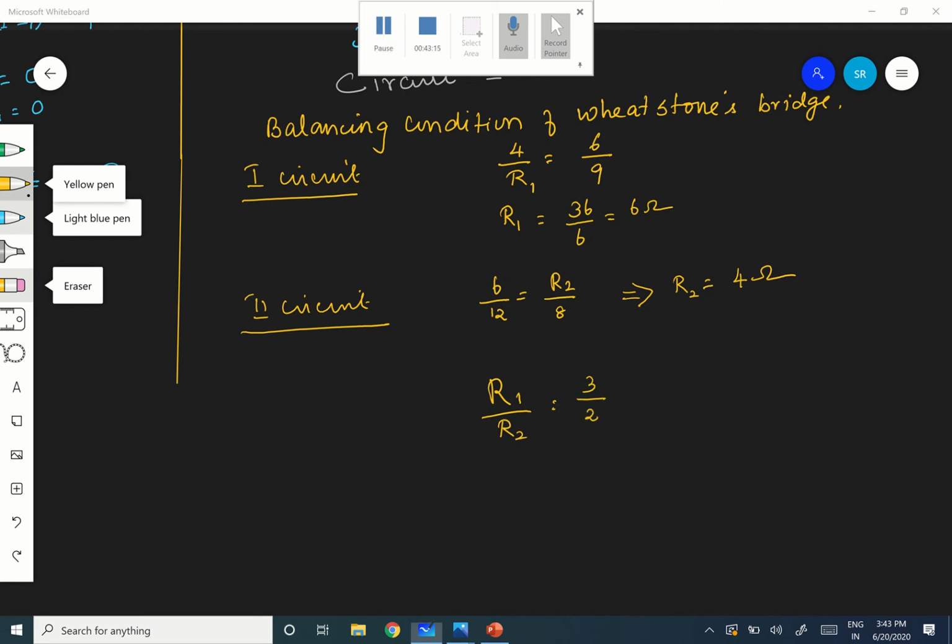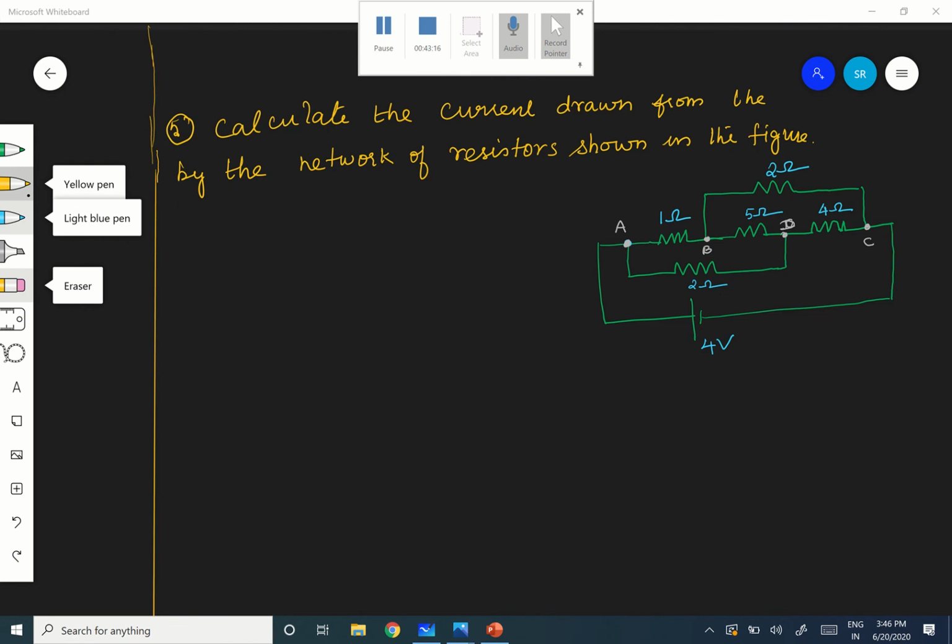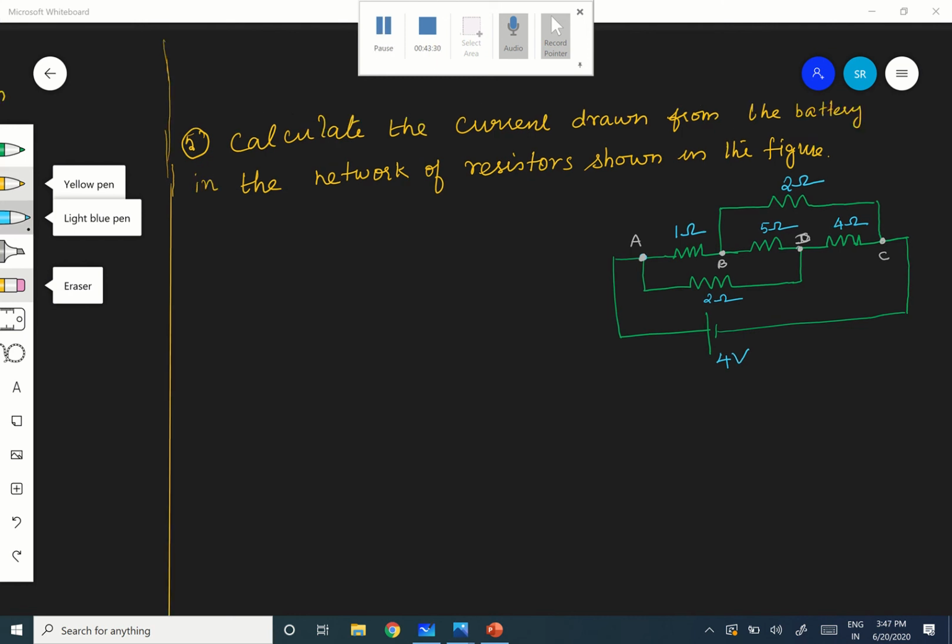3 by 2. Okay, fifth problem is calculate the current drawn from the battery in the network of resistors shown in the figure.